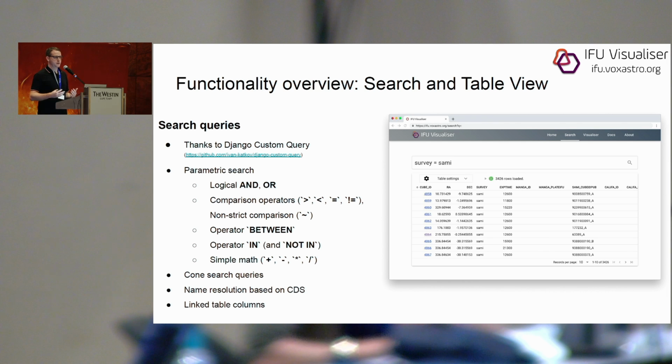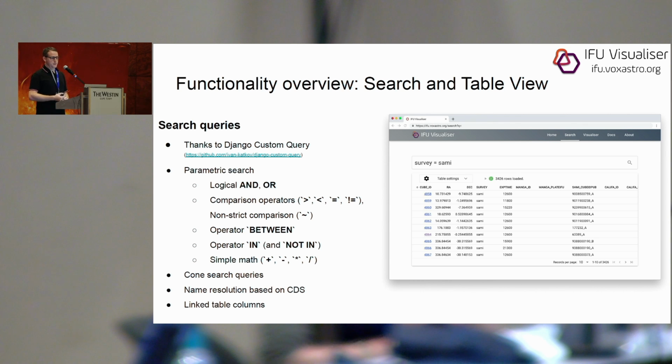You can write relatively complicated queries which consist of different conditions using different comparison operators, non-strict comparison, between, in, combined in. We also support simple mathematical operations between columns, and all these statements can be joined using logical operators and, or.